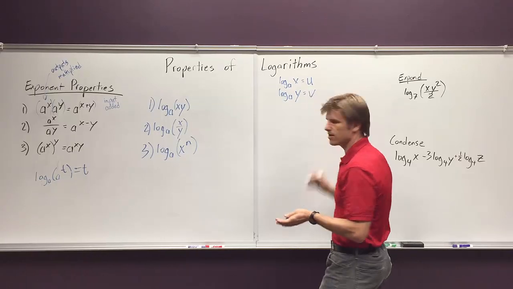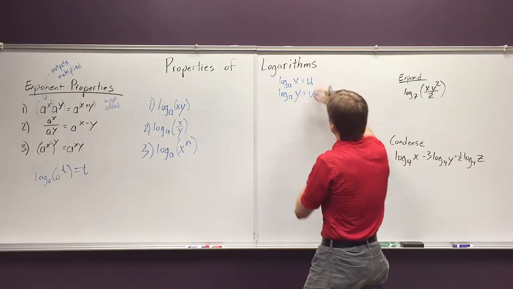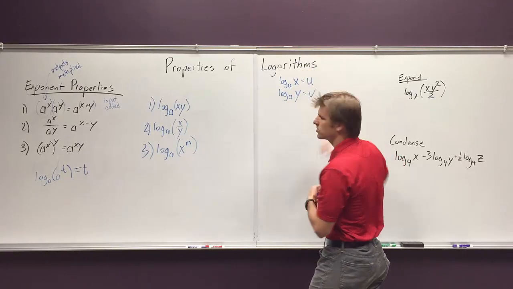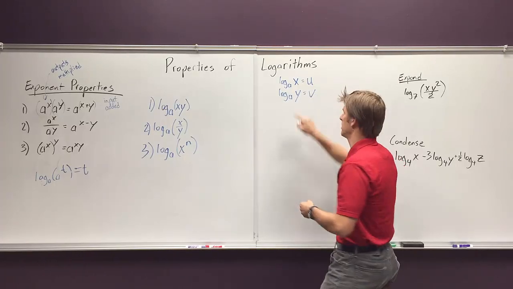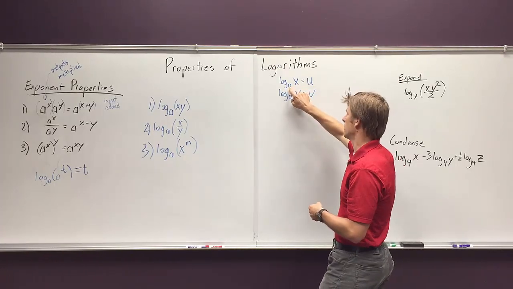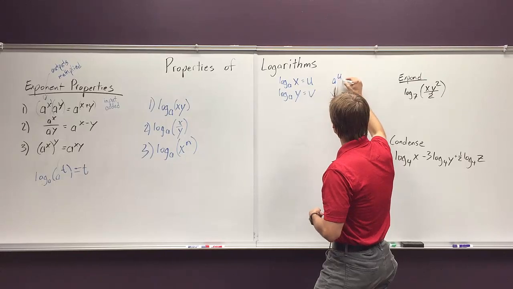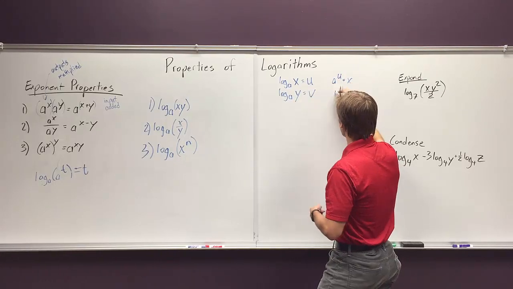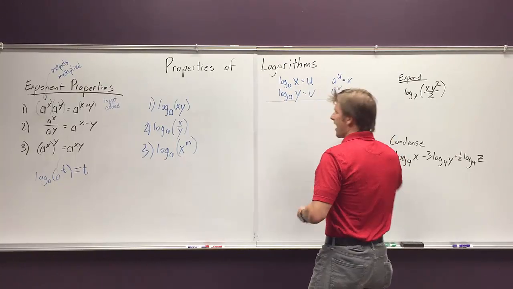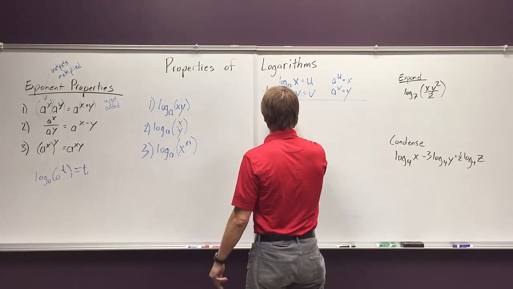Let's call this v. That allows us to think, well, if these are the logarithmic equations, what would the exponential equation be that encodes the same information? Well, this would say a to the u equals x. This would say a to the v equals y.